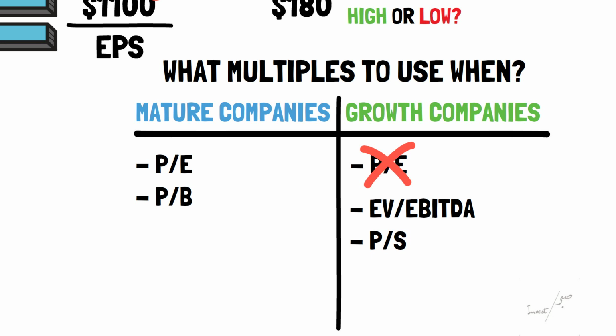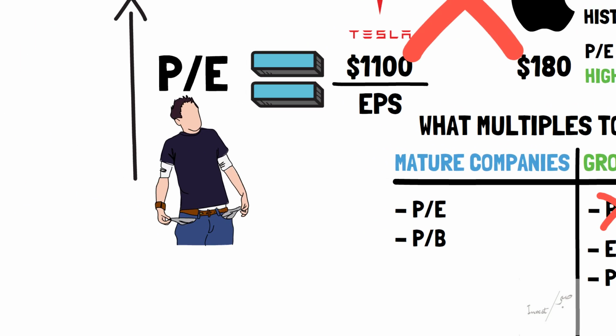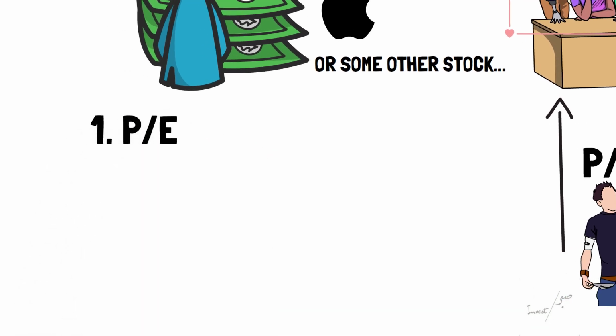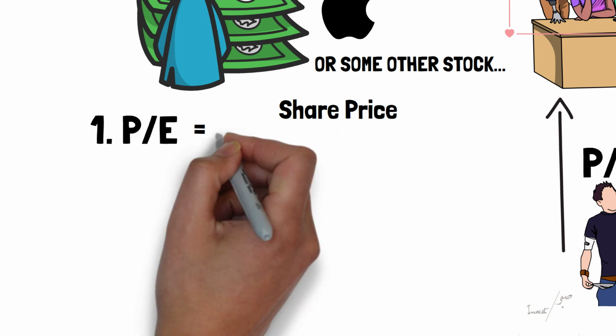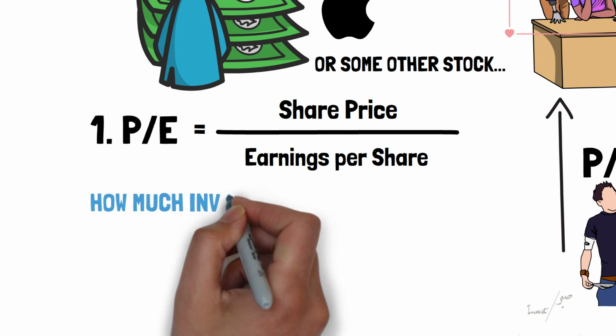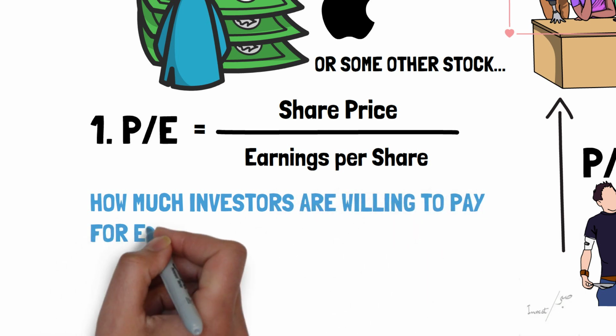Now that we have understood what stock multiples are and what multiples to use when, we can first look at the most commonly used equity multiple, the PE ratio, which is computed by taking the share price and dividing it by earnings per share, which is also available in the company's earnings report. As we said earlier, the PE tells us how much investors are willing to pay for every dollar the company makes.